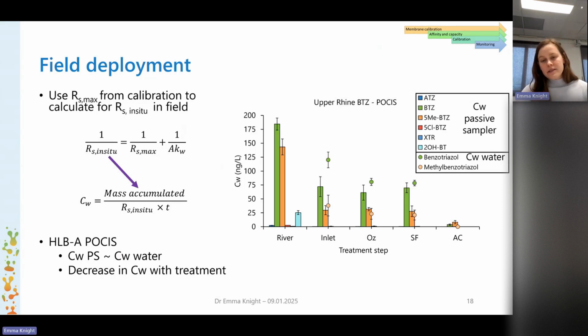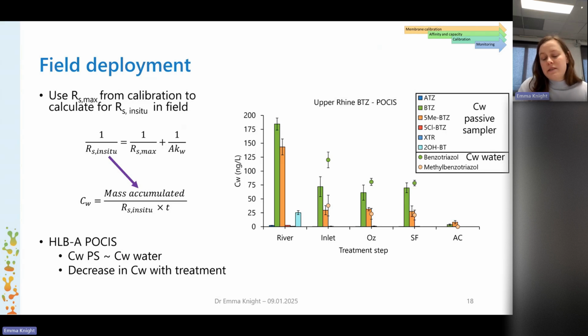There are some differences, and this could be because when we take a water sample, we're only capturing a snapshot of that time point, versus we know that it can change from day to day, hour to hour, week to week, season to season, whereas your passive sampler is taking an average over perhaps quite a long period of time.